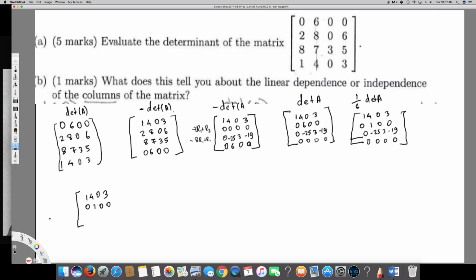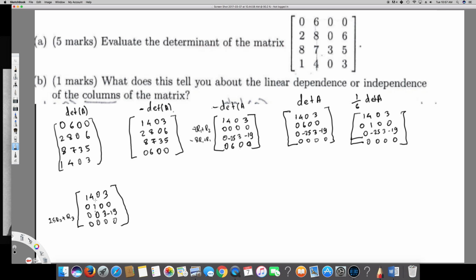Then I multiply R2 by 25 and add to R3. It's going to be 0, 0, 0, 3, and this is going to be minus 19, and the bottom is going to be 0 0 0 0.